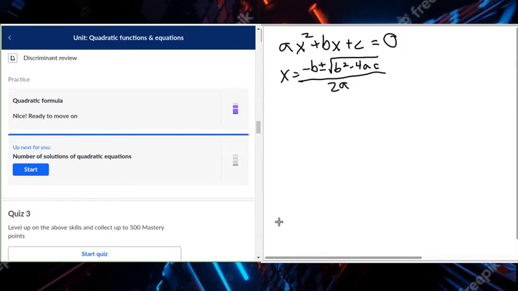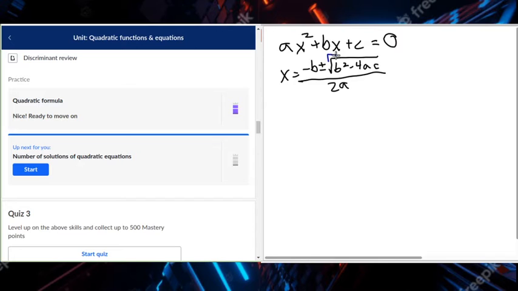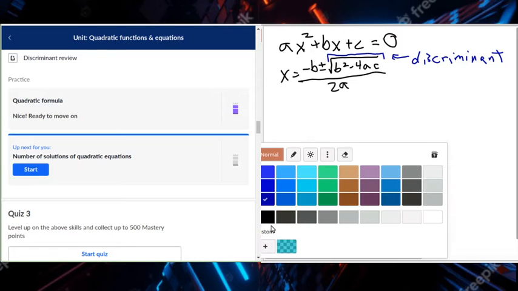And then this part over here gets to be called the discriminant. And our value for that will tell us a lot about the answer to the quadratic.